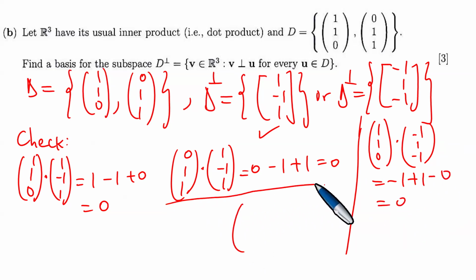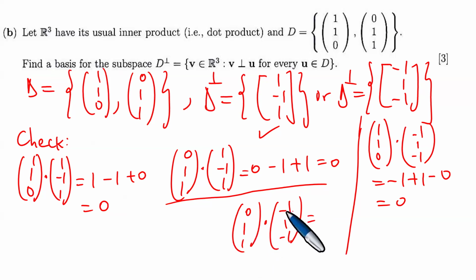And then now you also dot this one here. You have 1, 1, 0, then you have 0, 1, 1. You dot with minus 1, 1, minus 1. If you dot this one and this one, you have a 0. This one and this one, you have a 1. This one and this one, you have a minus 1. Okay, let us check this one.